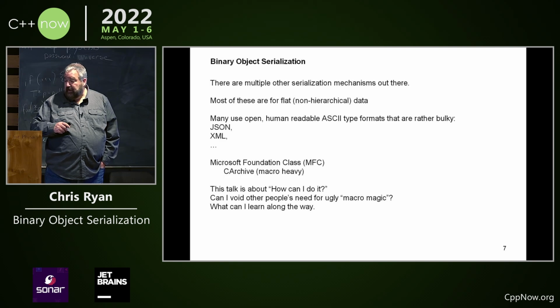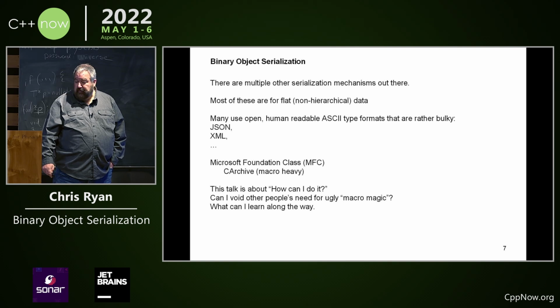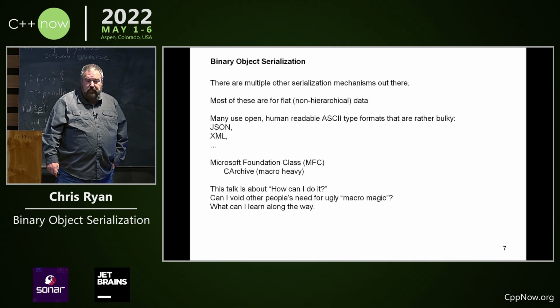Okay. Yeah, as I said, there's other people that do serialization. They have bloat. My first exposure to binary serialization, and I don't want to hear any hissing, was MFC back in the early 90s.